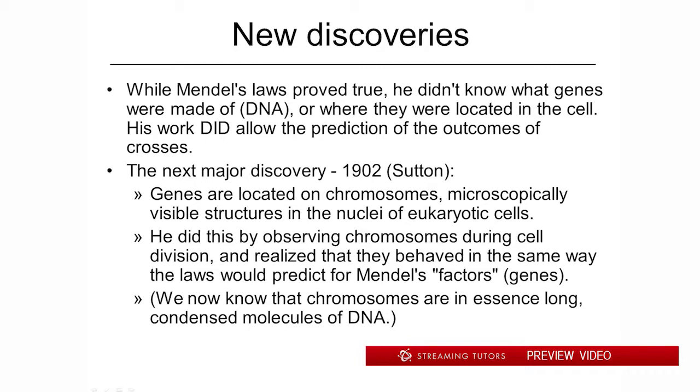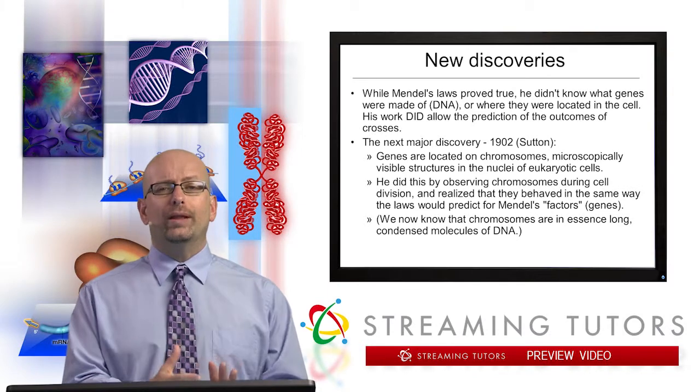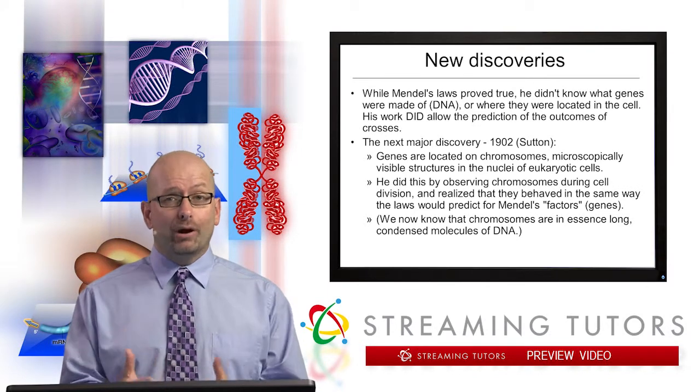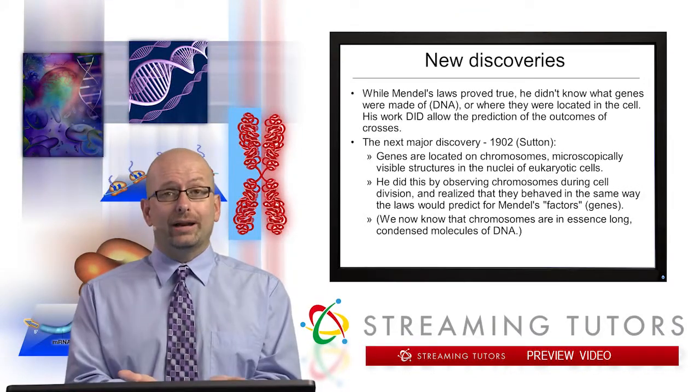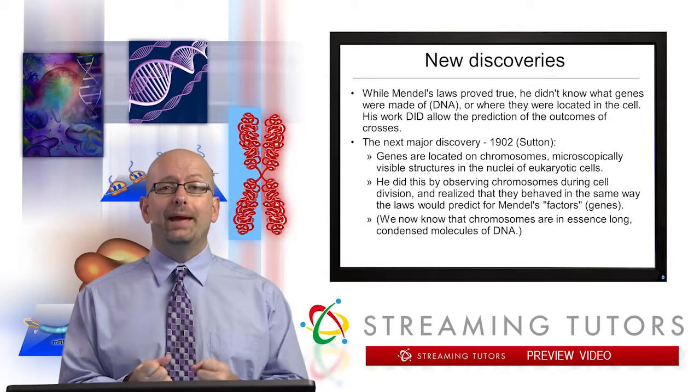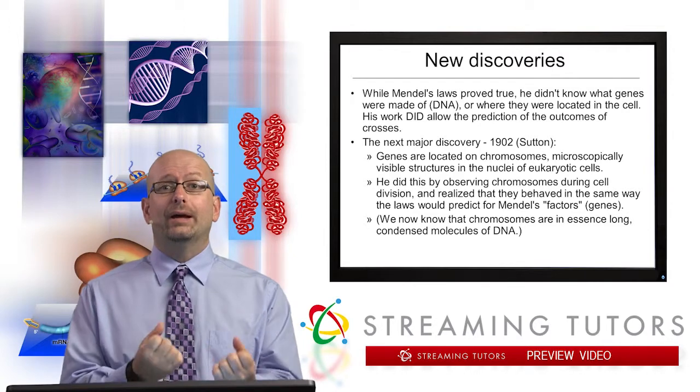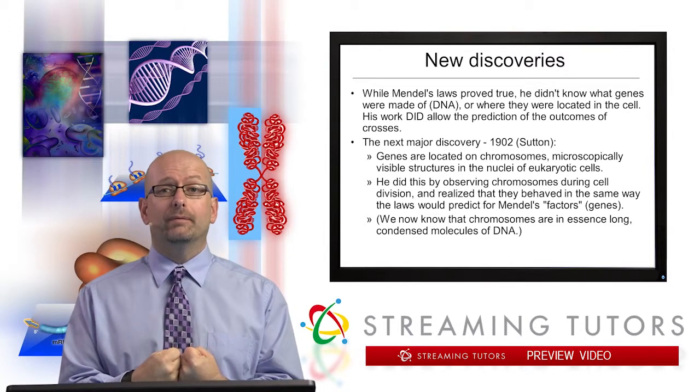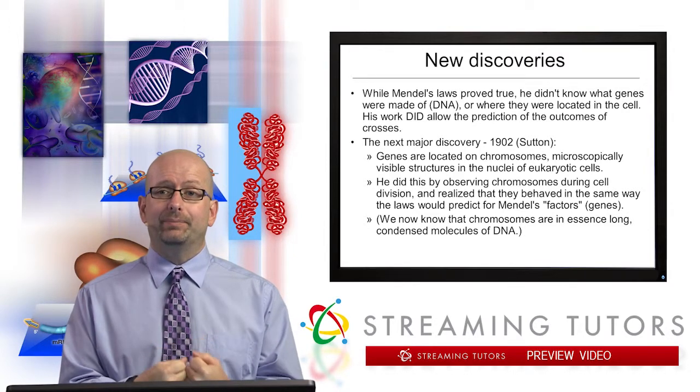So peas and humans are both eukaryotes, at least we have that in common. Now, guys, it was known that chromosomes existed prior to this just because cytologists who looked under microscopes saw them. But the connection was never made that these chromosomes and the genes really were very, very intimately connected.